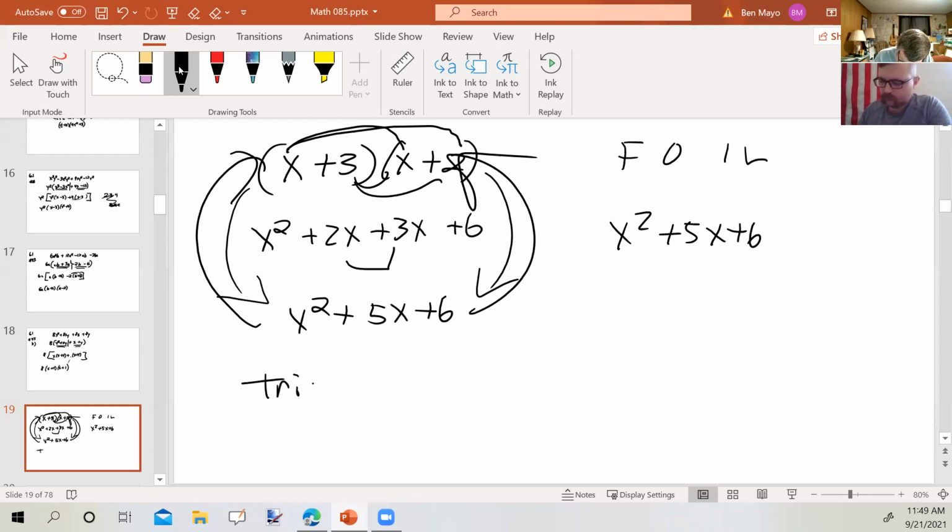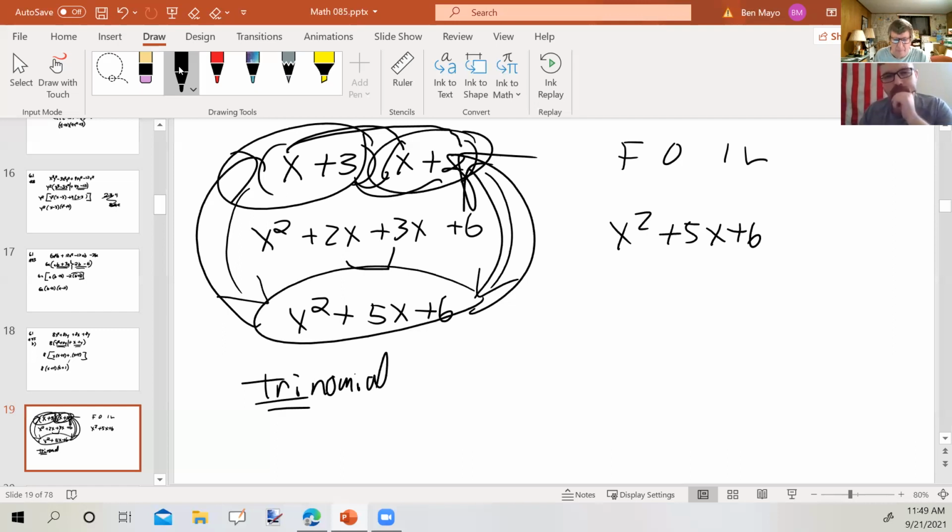Now, recall a trinomial, just like a tricycle has 3 wheels, a trinomial has 3 terms. Okay, so we're going to factor this trinomial into 2 binomial, as in bicycle, as in 2 binomial factors. So this is a binomial, this is a binomial. We're going to go from here back there.